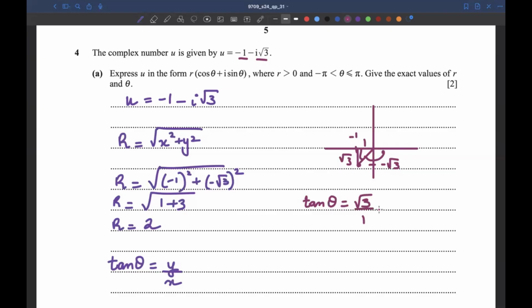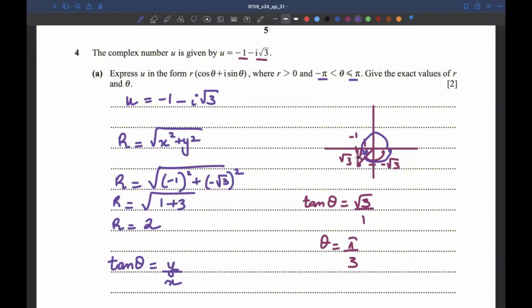So tan inverse of root 3, and we have to make sure our calculator is in radian mode. So we'll do shift tan inverse of root 3 and we'll get theta is equal to pi by 3. Now, as this is pi by 3, the angle of theta has to be between pi and minus pi, so we cannot take this angle.